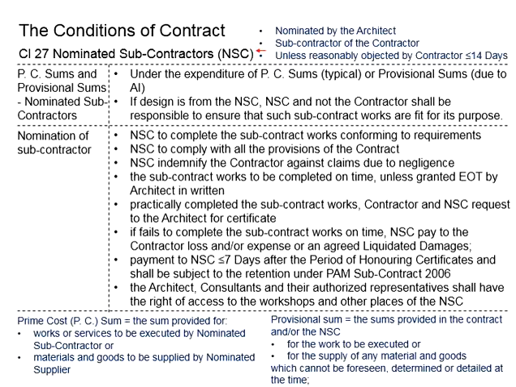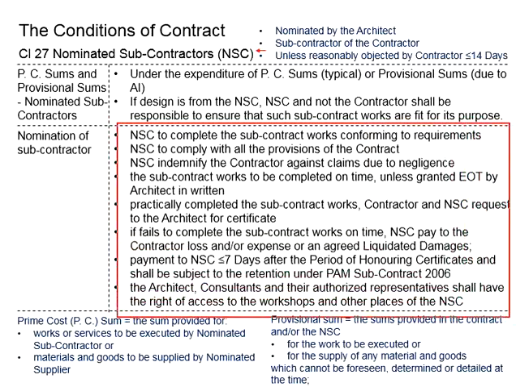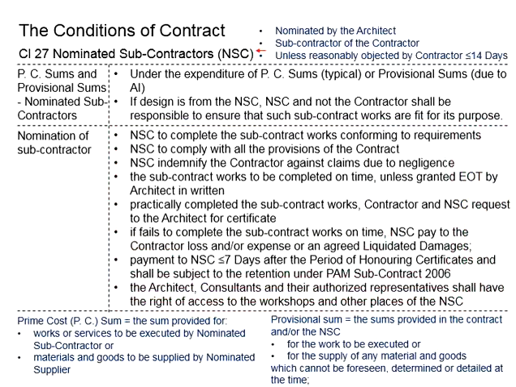In the previous videos, we talked about clause 27, which is the nominated subcontractor. We mentioned that the expenditure related to the nominated subcontractor shall be under the prime cost sum or the provisional sum. We also established the functions of the nominated subcontractor, as well as the obligations of this nominated subcontractor.